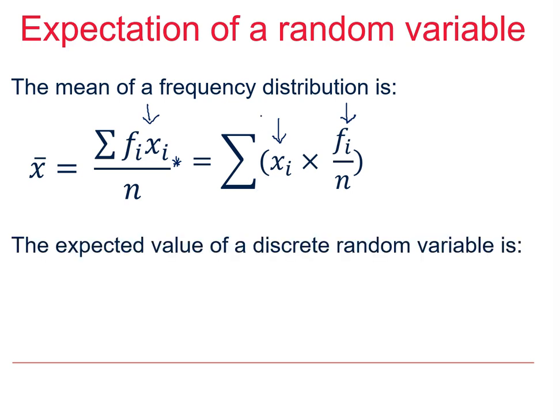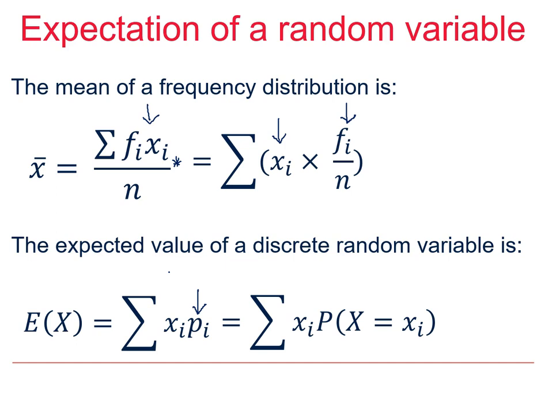When we're looking at the expectation for a discrete random variable, this formula is changed because we're not going to have frequencies, we're going to have probabilities for each outcome. And so the expected value, or the mean of a discrete random variable, where we're looking at a probability distribution, not a frequency distribution, would be the sum of each outcome multiplied by the probability that that outcome is achieved.